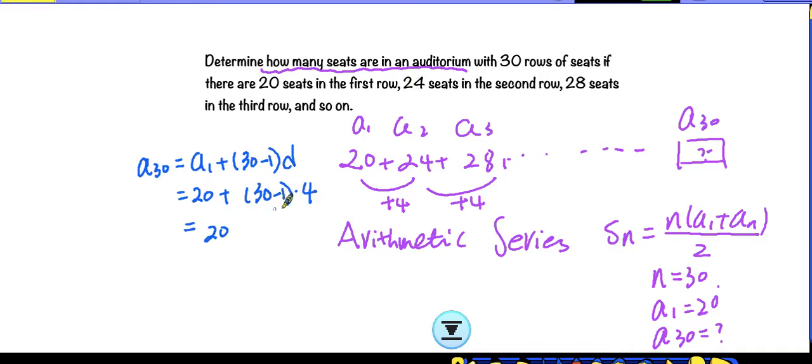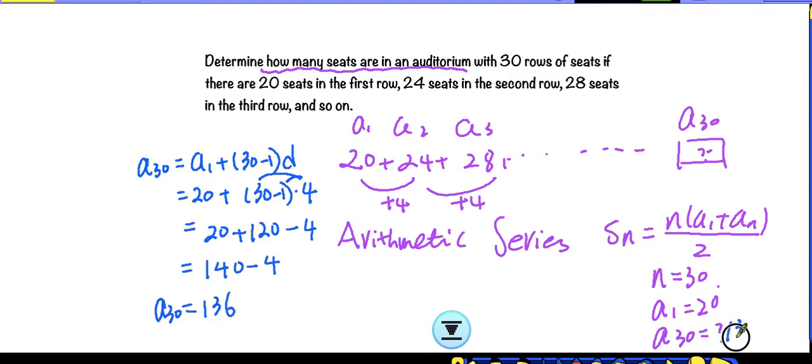Some students want to use the distributive property, which is perfectly fine. Let's do that. 30 times 4 is 120, then 1 times 4 is 4, so 140 minus 4, going from left to right, is 136. So what does that mean? That means a30 is 136, so we can plug it in here.